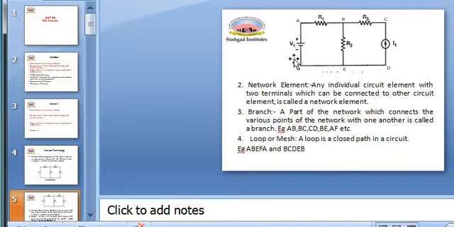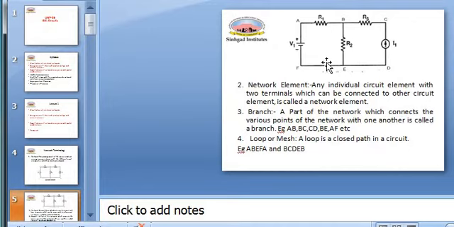Next is loop or mesh. There is a difference between loop and mesh. Firstly, see what a loop is. A loop is a closed path in a circuit. For an electrical circuit, it is very important that the circuit should be a closed one. Unless the circuit is closed, current cannot flow through the circuit.